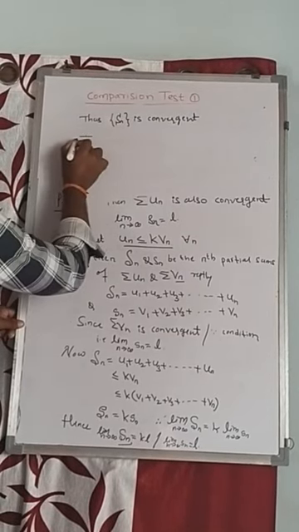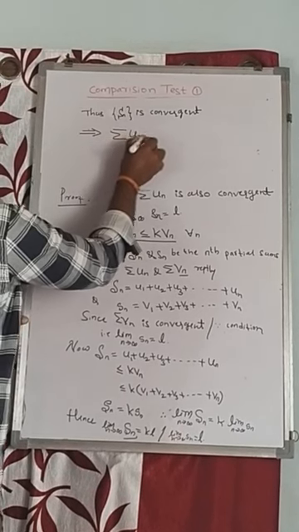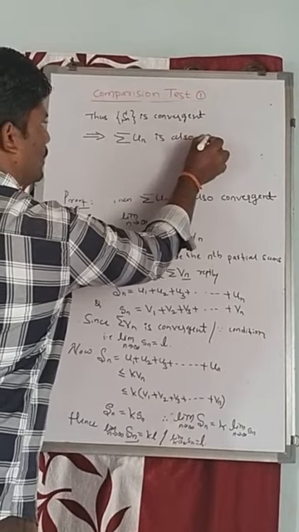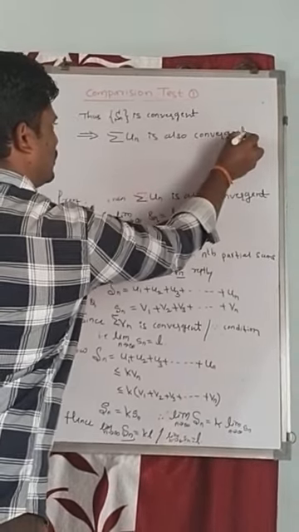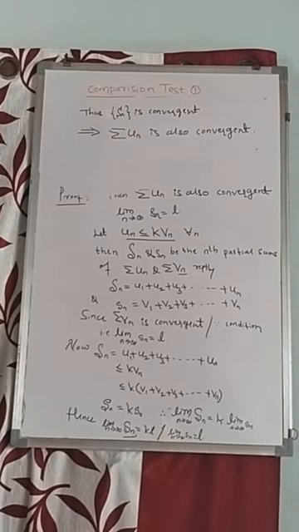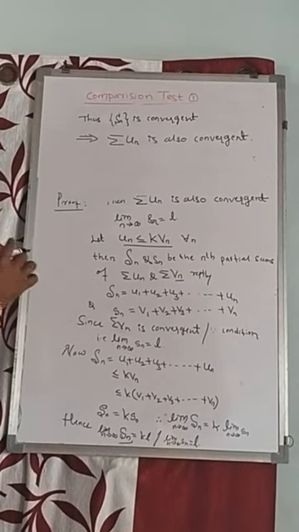This implies summation of un is also convergent. Here we have taken the first proof.